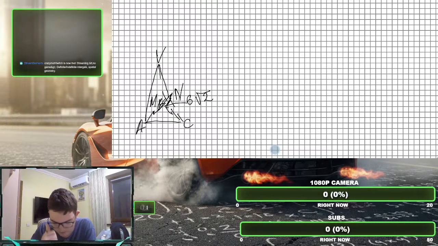MN is 6 square root of 2. And I have to demonstrate that MN is perpendicular to VC.